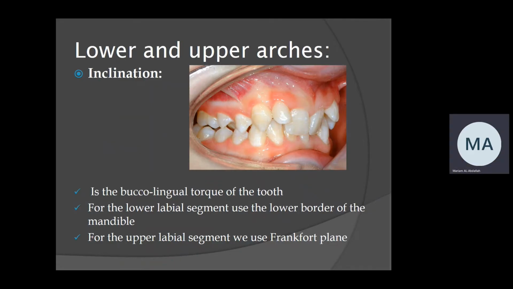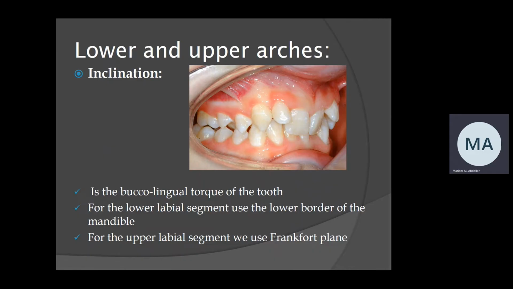Now, the inclination is to describe the buccolingual position of the tooth. If we look at the upper teeth, we compare the position of the upper teeth to the Frankfurt plane, and we compare the position of the lower teeth to the lower border of the mandible, the mandibular plane, because this is a clinical examination.